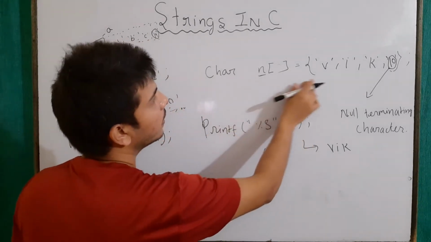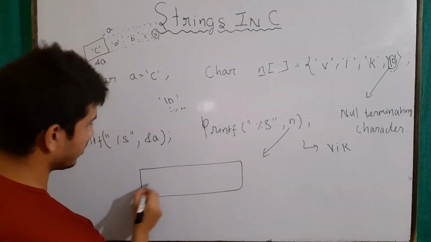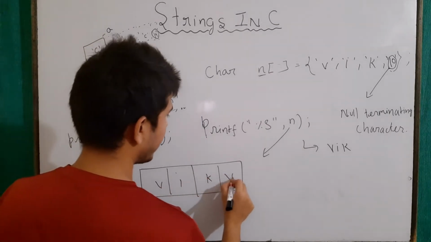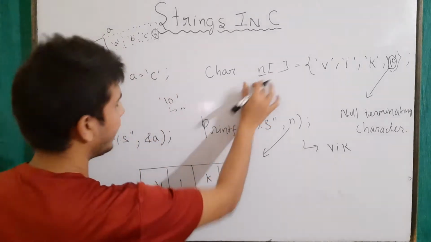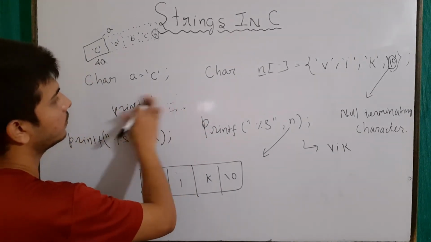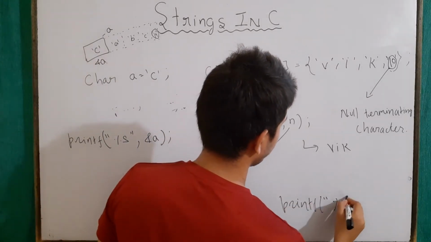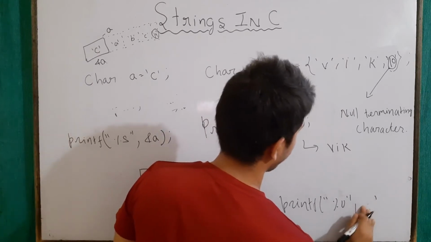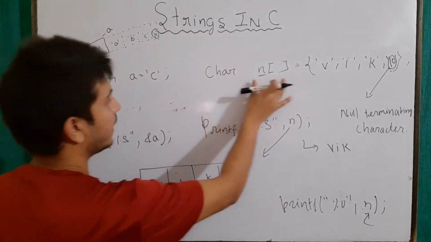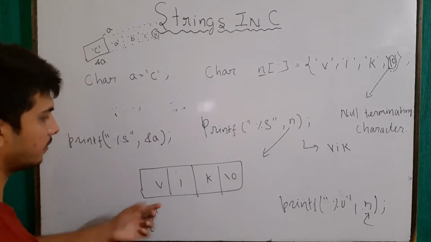So here n is pointing to our base address. It was V, I, K and \0, something like this. And if I write printf of %u of n, it will give me the base address of our character array. So n is pointing to the base address of our array.